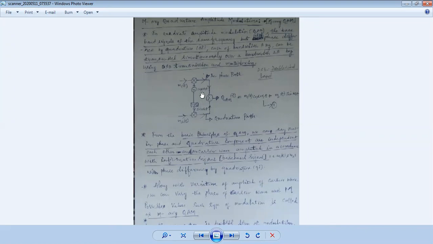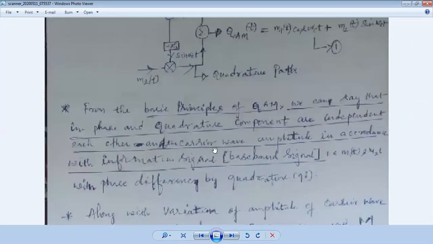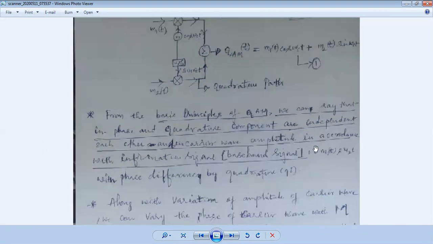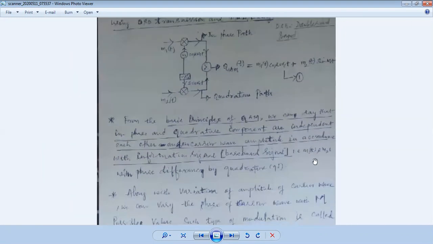The only difference is the cosine and sine, so they are independent of each other, and the carrier wave's amplitude varies in accordance with the information signals m1 and m2, with different phases. One is amplitude varied, and again the phases of these two will also be varied in accordance with that.